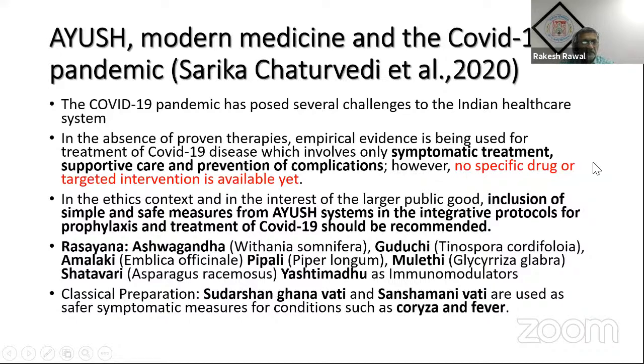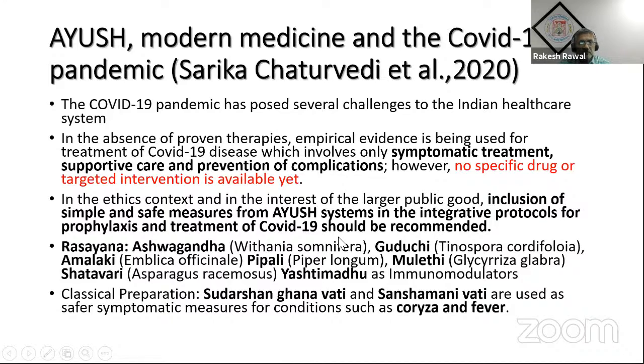However, no specific drug or targeted intervention is yet available in our hands. So in the ethical context and in the interest of the larger public good, inclusion of simple and safe measures from the Ayush system in the integrative protocol for prophylaxis and treatment of COVID-19 should be recommended.